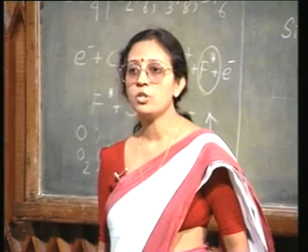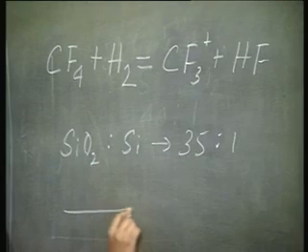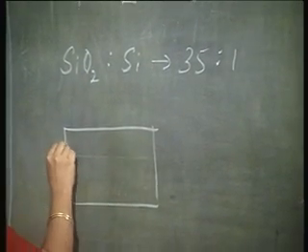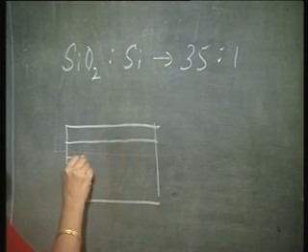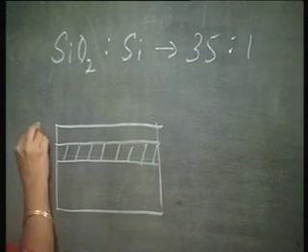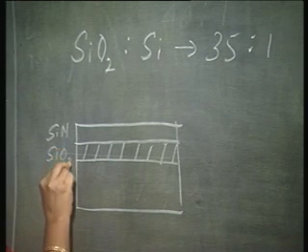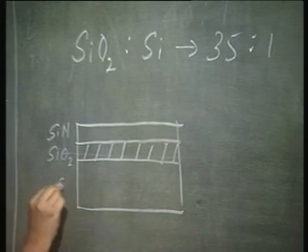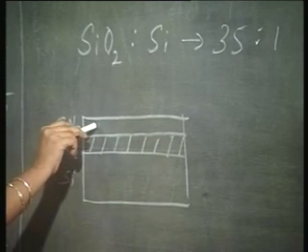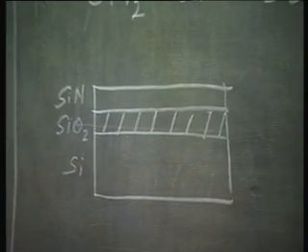So, depending on whether your substrate is like this, that is, if you have a structure like this, the top layer is silicon nitride, then I have silicon dioxide, and underlying is the bulk silicon substrate.